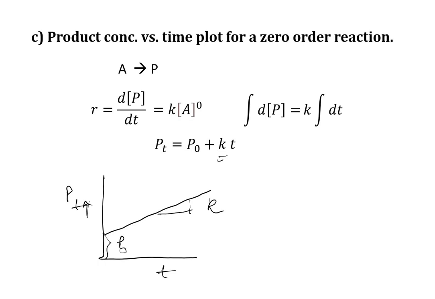Well, if you assume that there is no product to start with, that is P at time t equal to 0, P itself is 0, then there would be no intercept, so it will be a straight line passing through the origin, and again the slope is of course K. Okay, so that's all about question number C.